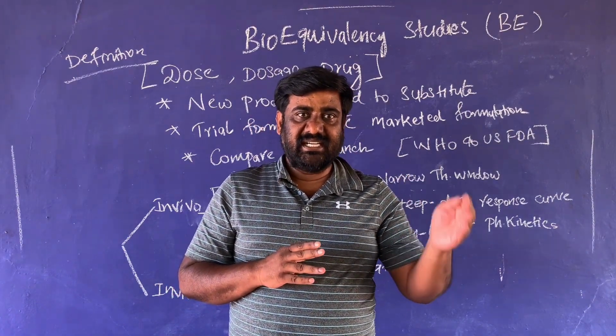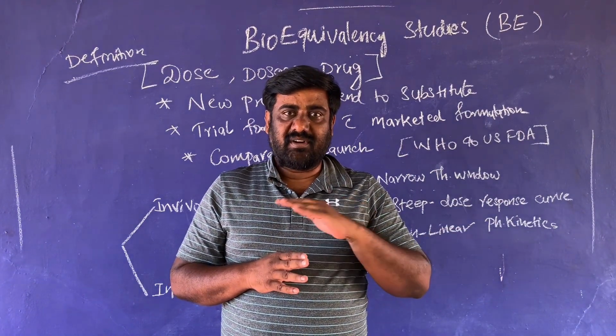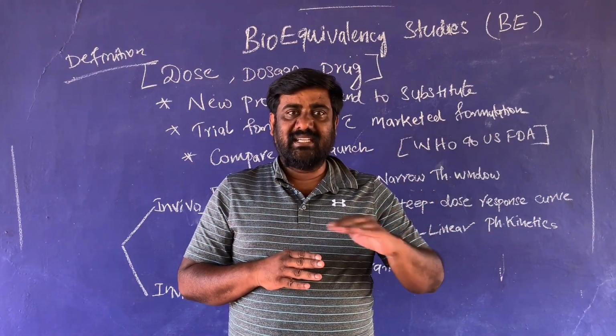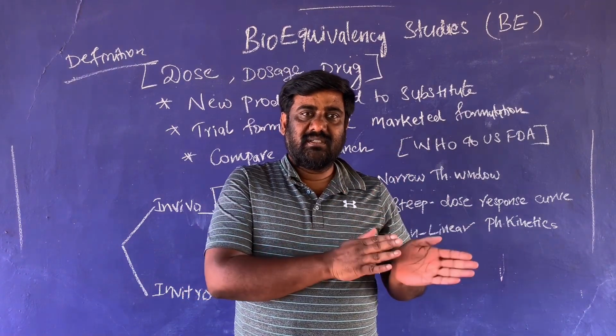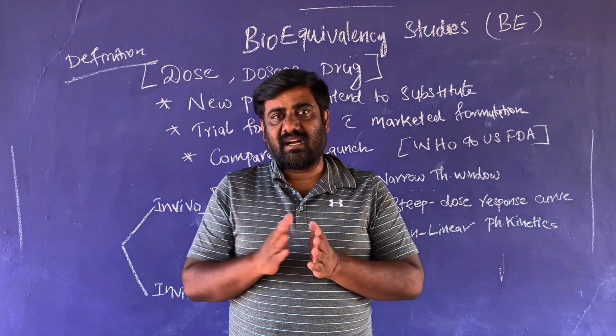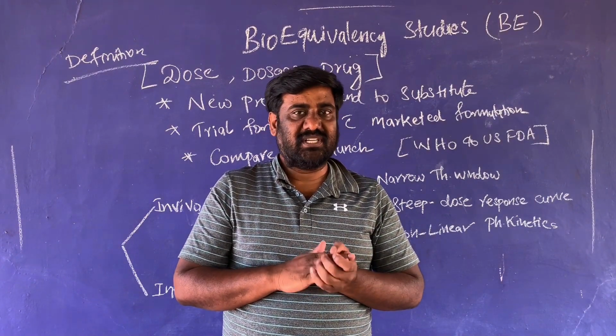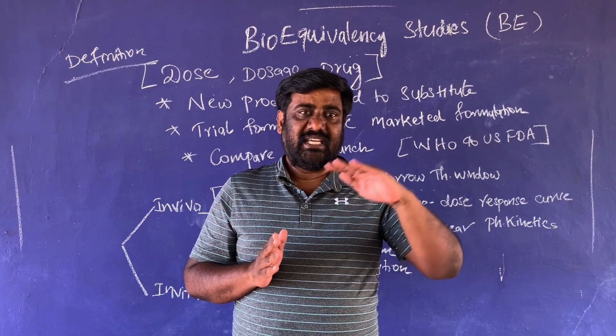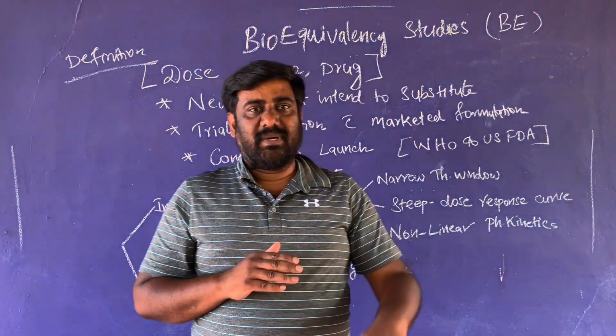If it is not needed to go for in vivo, or if all the parameters are more or less the same, or if the pharmacokinetics is linear, instead of in vivo there is an alternative called in vitro studies.